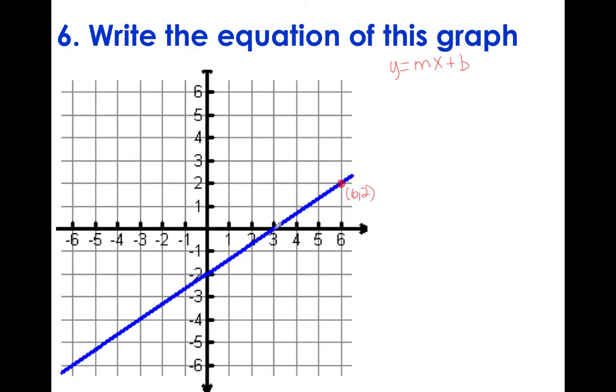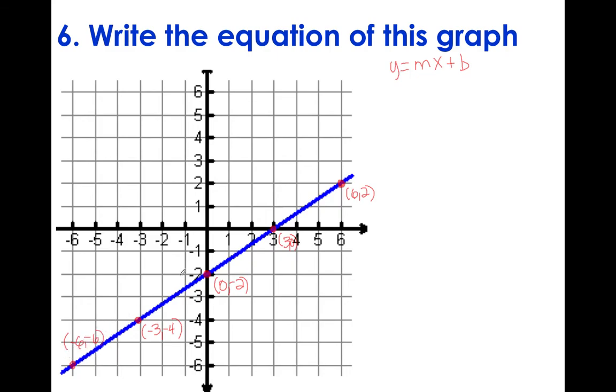I could have chosen this point because the coordinates are 3, 0. This point because the coordinates are 0, -2. This point because the coordinates are -3, -4. And this point because the coordinates are -6, -6.